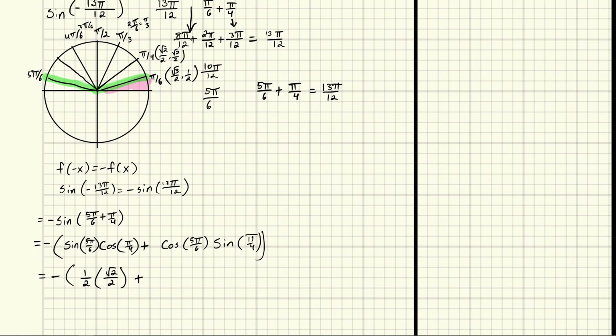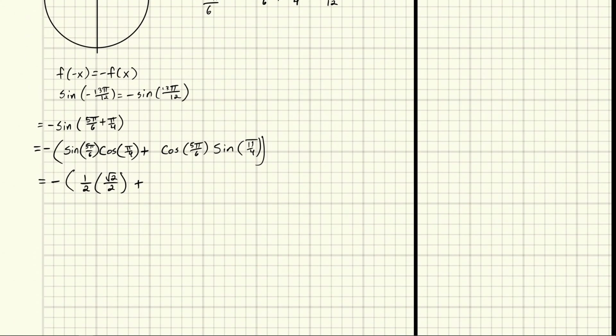Now cosine of this over here, the cosine is the x direction, and this is going to be negative on this side. So instead of positive rad 3 over 2, we're going to have negative rad 3 over 2, times sine of pi over 4, which is again just rad 2 over 2, a freebie.